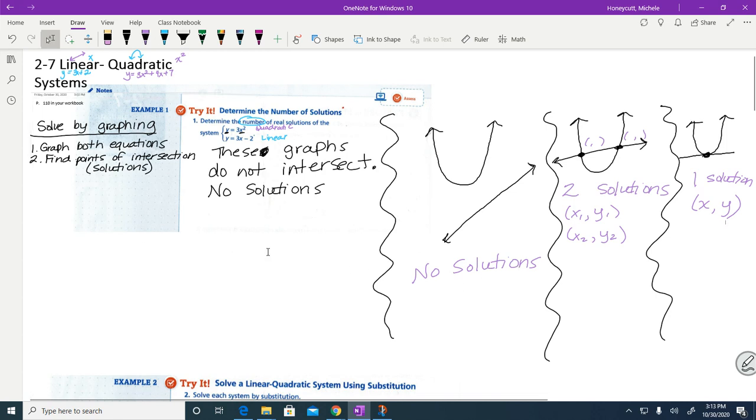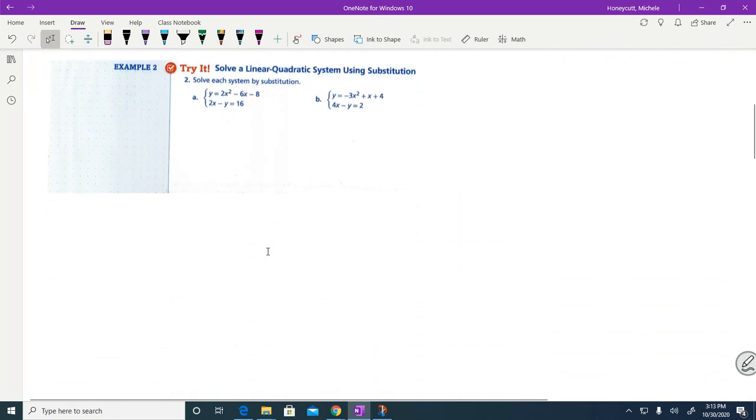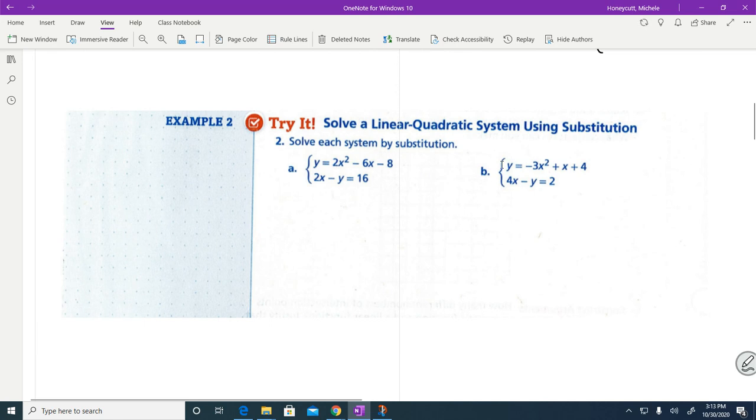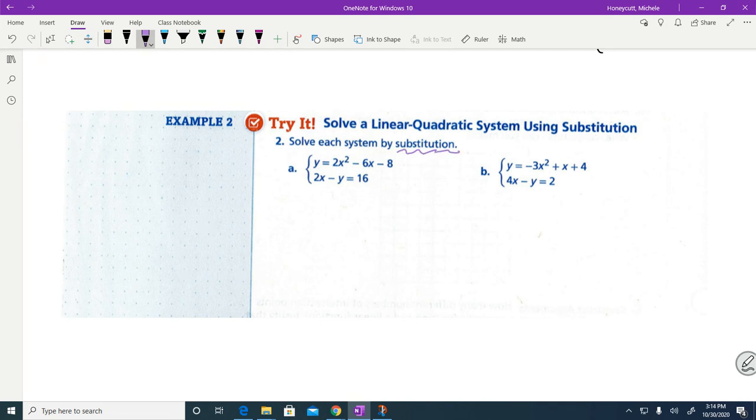We can also solve linear quadratic systems using substitution through algebra. Example 2 has us do that. So we're going to solve using substitution. Substitution means that we're going to substitute one equation into the other.